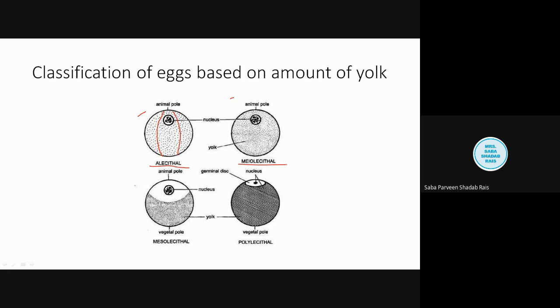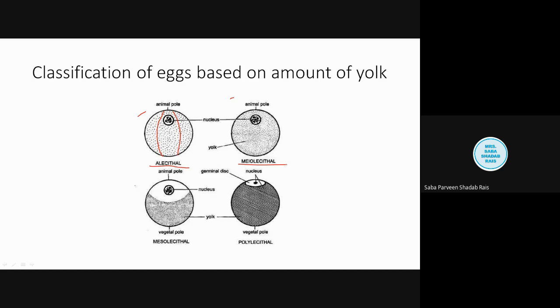So what we have learned about the alecithal egg is that the amount of yolk is negligible, and this type of egg is found in placental mammals, Eutherians, which have the placenta.